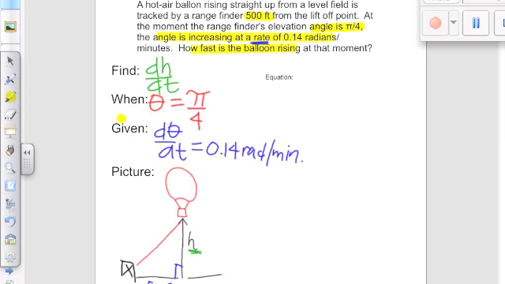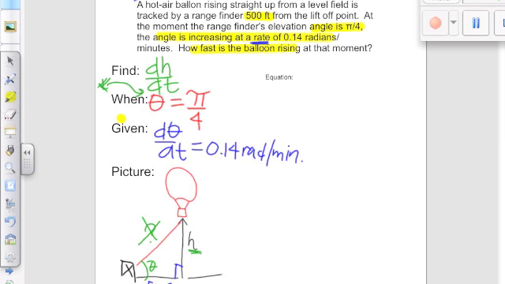I have no idea what this hypotenuse is, so I can't use this, which means I'm going to use my angles to figure out what equation this should be. What does this angle theta stand for? This angle right here actually stands for how the angle of the finder is increasing as the balloon goes up. So now that I have this, I can use our information of SOHCAHTOA.